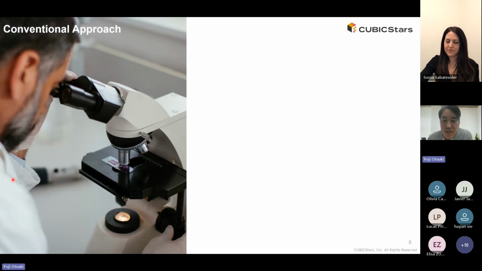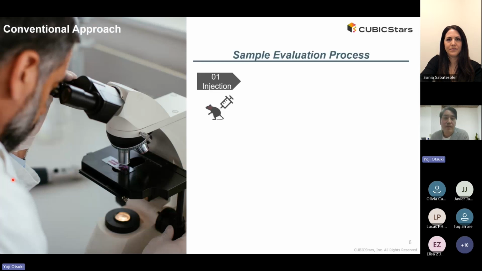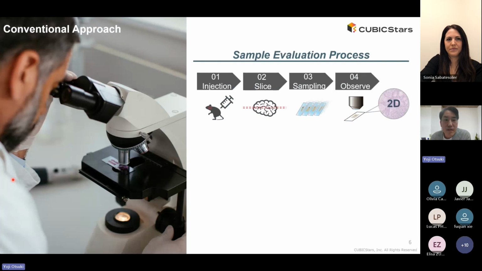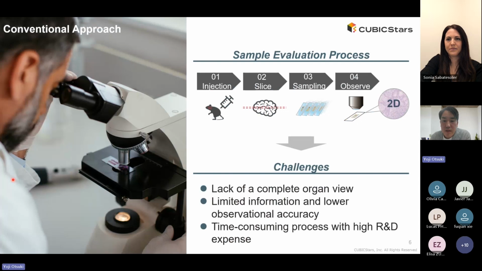So let's begin by looking at the conventional methods used in preclinical tissue analysis. I assume most of the audience has experience with this conventional method. Originally, after finding the drug candidate, we inject it into the animals, make slice samples, and observe the tissues in 2D. However, this process has several challenges.